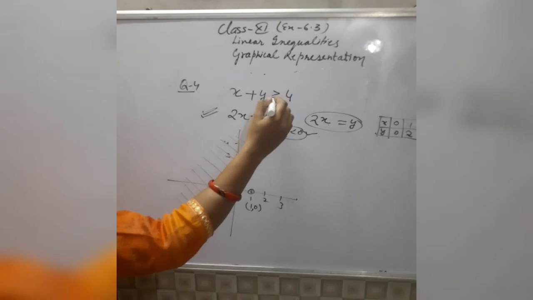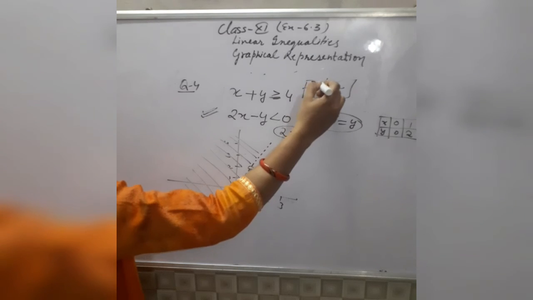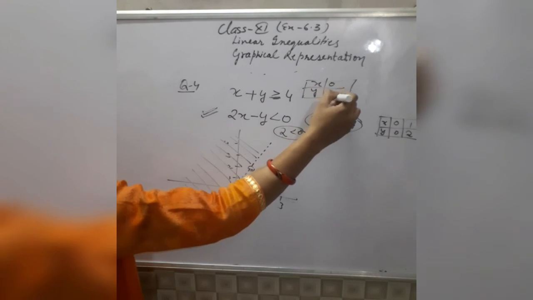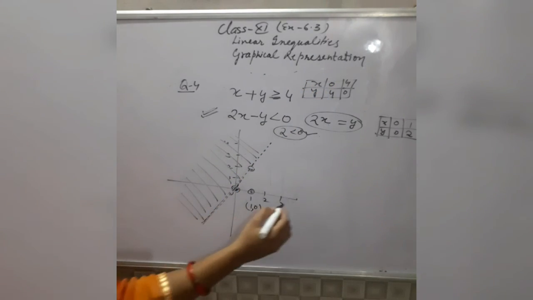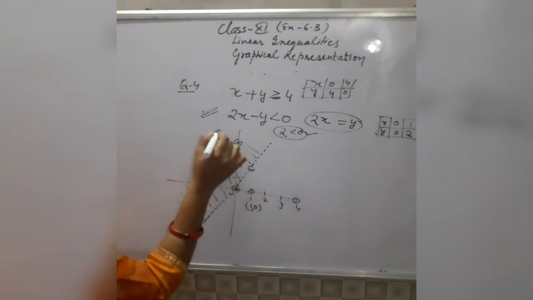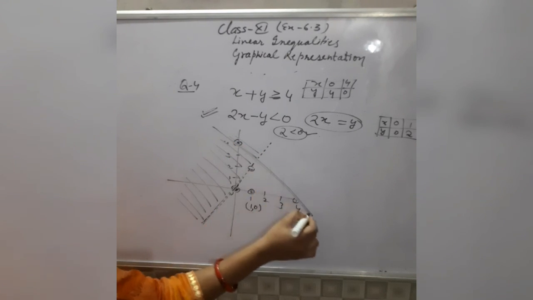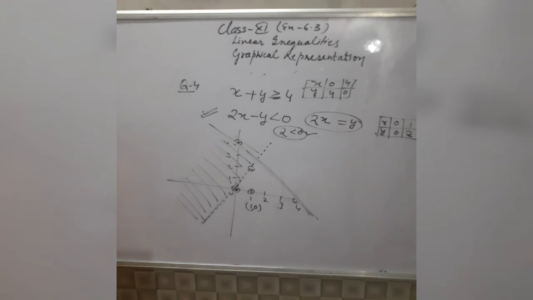And the first equation is very simple, here the equal to sign is given to you. If you take x equal to 0, the value of y will be 4. If you take y equal to 0, the value of x will be 4. So in this case the points will be these 2 points, and here the equal to sign is given to you, that's why you will highlight this, draw a dark line in this case, and take the shaded region.